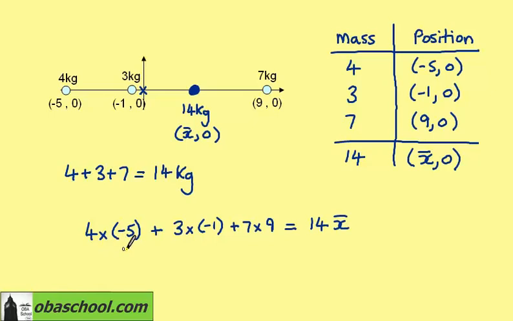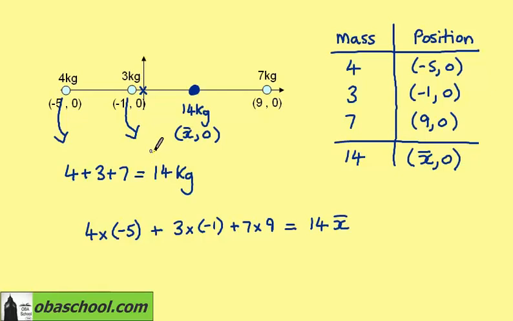Look at how preserving the sign on the coordinate helps us with the sense of the moment. 4 times -5 is -20. This is negative, and we can see here this produces an anti-clockwise moment, as does the 3 times -1.